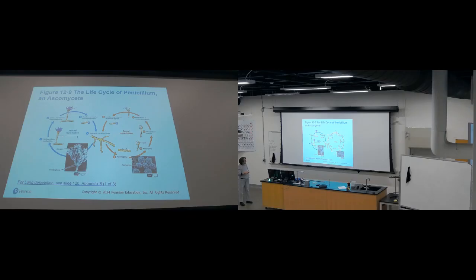We have this hypha that has these extensions, and these extensions will be the conidia, and then the conidia will be released, and then they germinate to produce hyphae, and then these hyphae start growing, and then it can form these conidiospores, and then you can form more conidia.